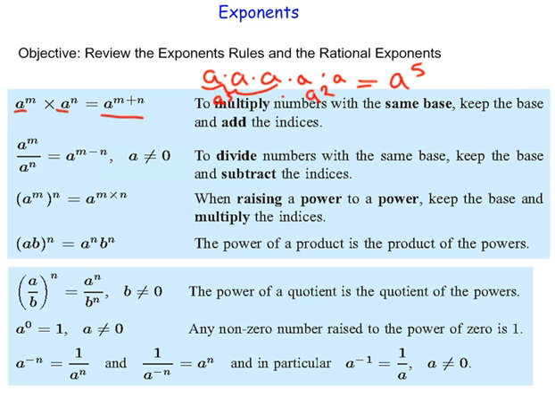It works the same with division, just opposite. If we've got this, again, the same base, so we've got a base of a, we'll always do the top minus the bottom, the numerator exponent minus the denominator exponent. If we have a power to a power, we just multiply those powers.